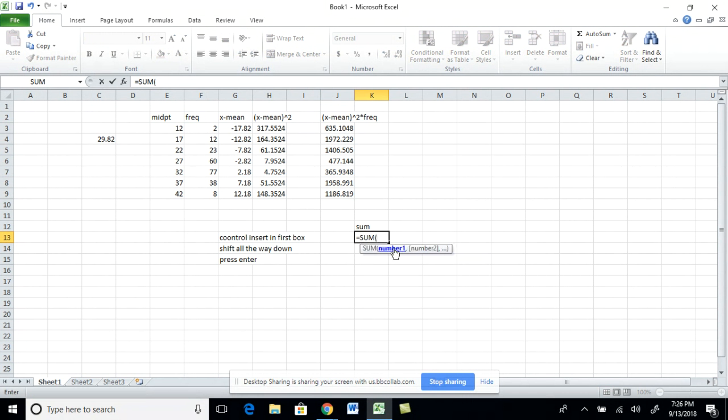I want the sum of all these numbers, so I select all the numbers I want to add. Again, you can do that on your calculator. If you don't like Excel, you can just add all those numbers up on a calculator.